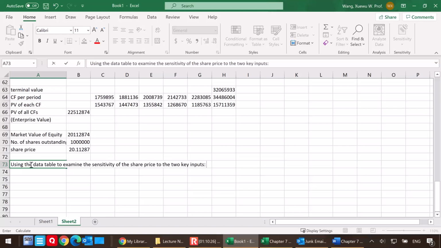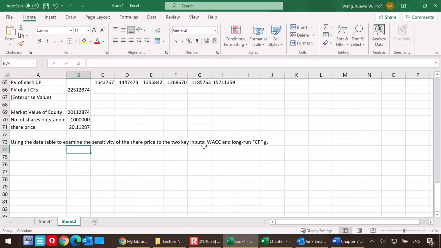The 2 key inputs are WACC and long run free cash flow to the firm growth rate. So this is a little review. We have done data table in chapter 3, capital budgeting. So now I'm going to finish the data table here.